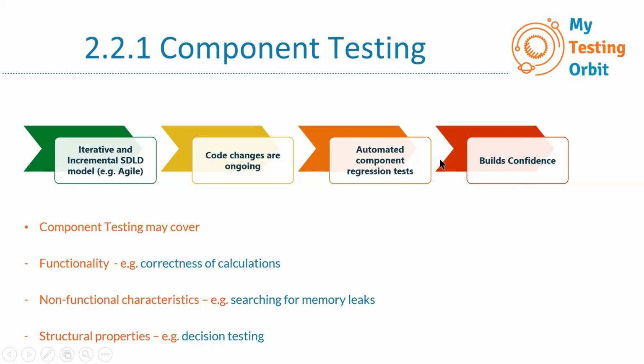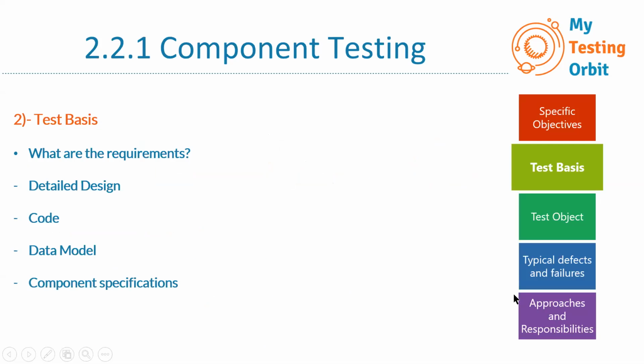We can run the automated component test overnight, and in the morning we can see how many bugs there are. If any components have failed, we can go to that specific component, see what needs to be fixed, fix it, then run it again, and that builds our confidence. We know that these components are working even after the changes we have done in this iteration.